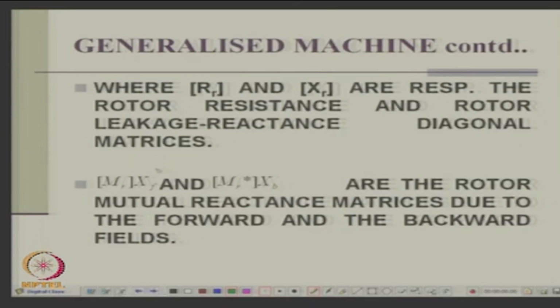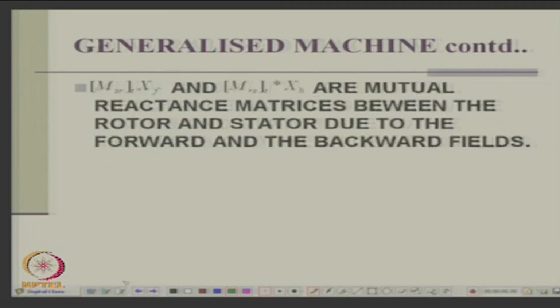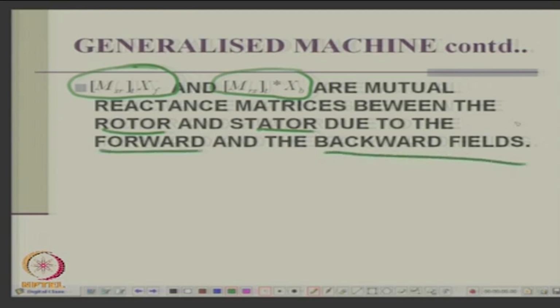Then we defined MRXF and MR star conjugate XB are the self reactance matrix due to the forward and backward fields of the rotor. Okay. And MSR transpose XF and MSR transpose conjugate XB are the mutual between the rotor and stator due to forward and backward fields. Okay. So, these are the terms we have used because we have large number of equations to handle.